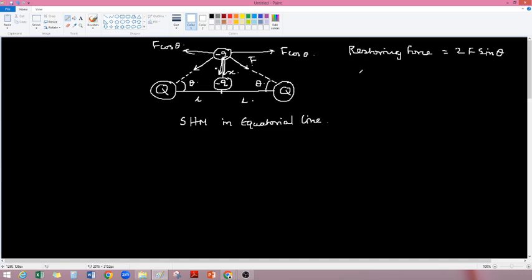Restoring force means mass into acceleration, and we put a minus here because when the displacement is positive, the force which is bringing it back will be negative, right? It will be acting in the opposite direction. So we put a minus here.